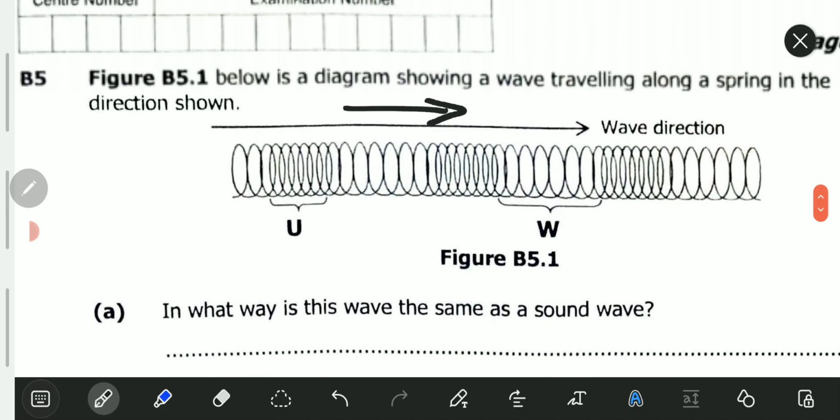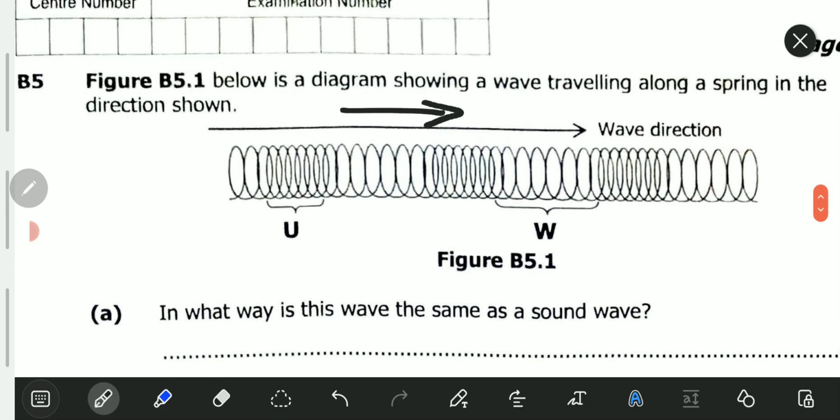So let's look at the diagram. This is a spring wave. As the wave travels in the direction shown, the particles in the spring are moving to and from. They go in this direction, then again they move in that direction.